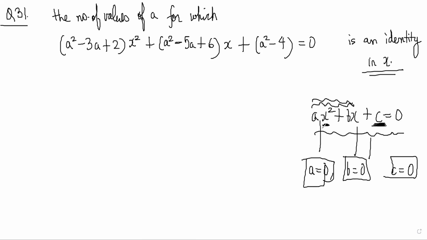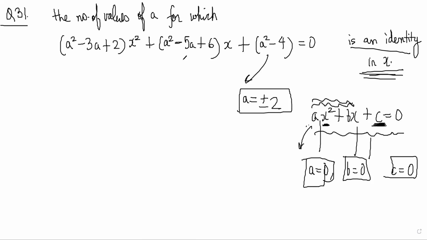So the coefficients have to be 0. This equation is an identity in X if this is 0, which gives plus or minus 2, and this is also 0, which gives 2 and 3, and this is also 0, which gives minus 1 and 2.